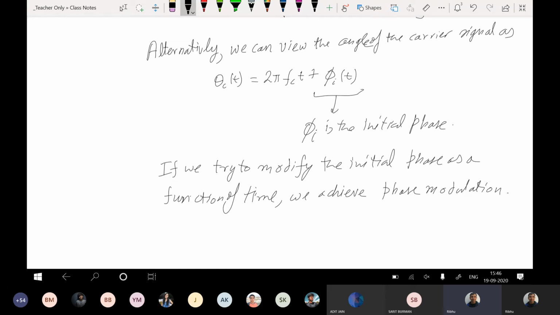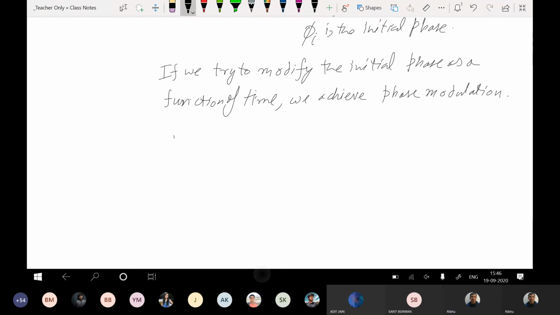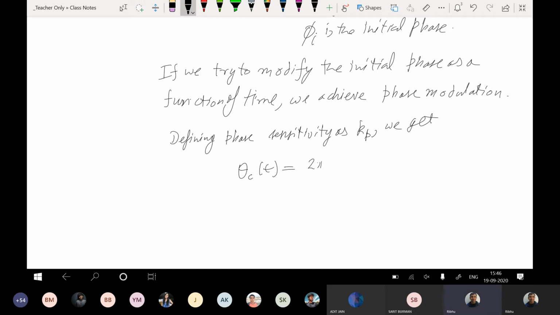In this case, defining phase sensitivity as k_p, we get theta_c(t) equals 2 pi f_c t plus k_p times m(t).